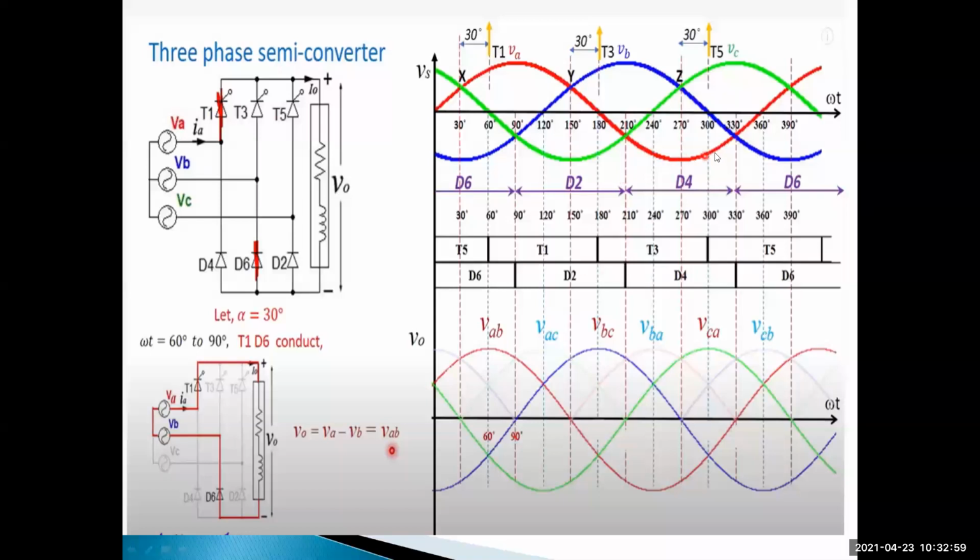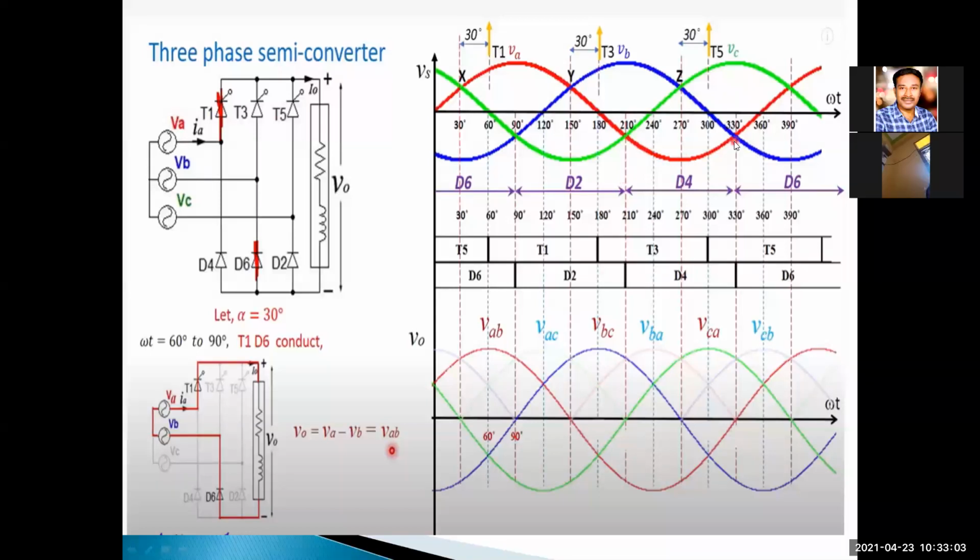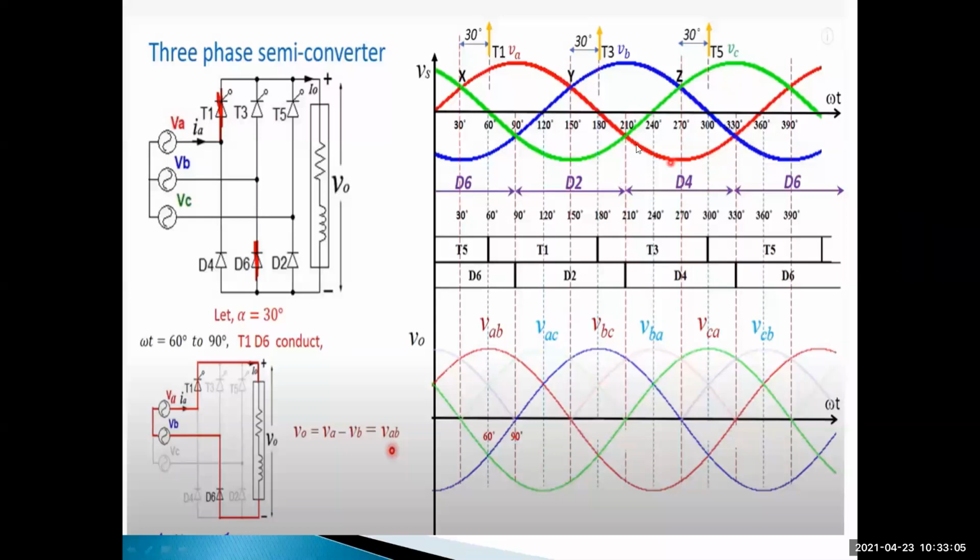For this region, D4 is turned on because the VA phase is negative, from 210 to 330 degrees. This is the switching. The diode is an uncontrolled device. It automatically turns on and turns off based on natural commutation, based on the phase sequence.